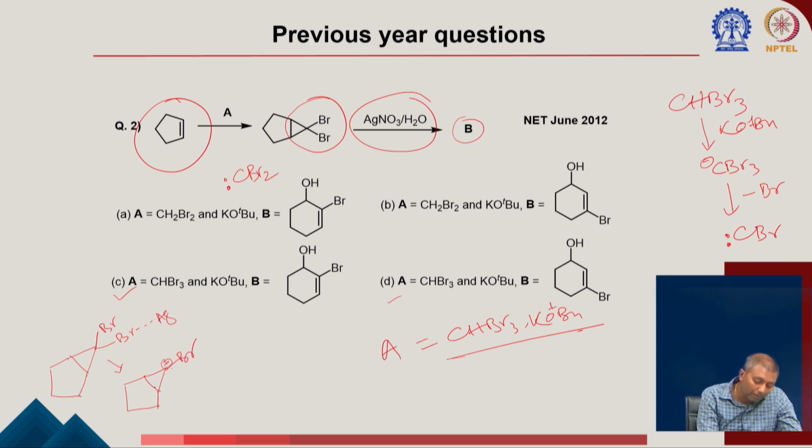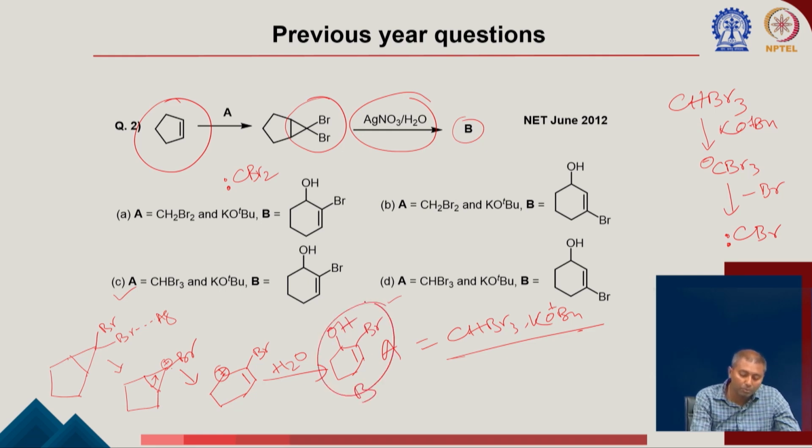Now that will allow the opening of the cyclopropane ring. So the 5-membered ring is going to expand to a 6-membered ring with a plus here, and you already have water in the medium. So that can attack here to get the corresponding product. So you will have a bromo here and an OH there. So that will be your product B.